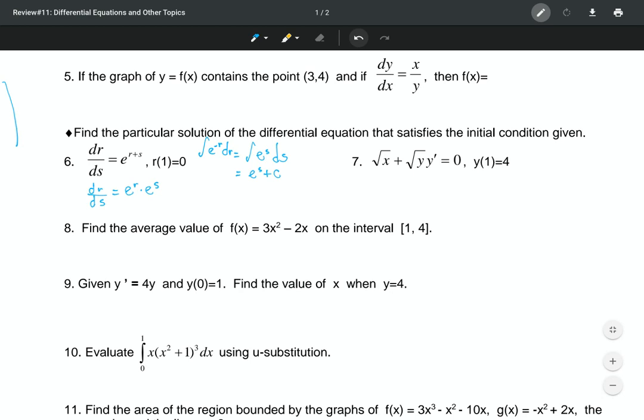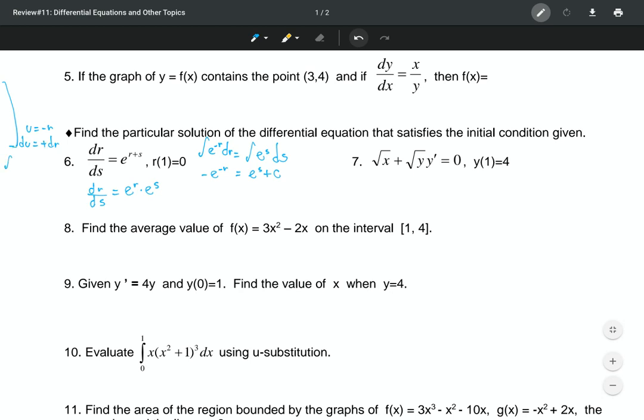Now on the left side, the antiderivative of e to the negative r would be negative e to the negative r. The reason why is because we basically do u substitution. You can do that in your head too if you wanted to. And du is equal to negative dr, and I don't need the negative, so I would put the negative out here.